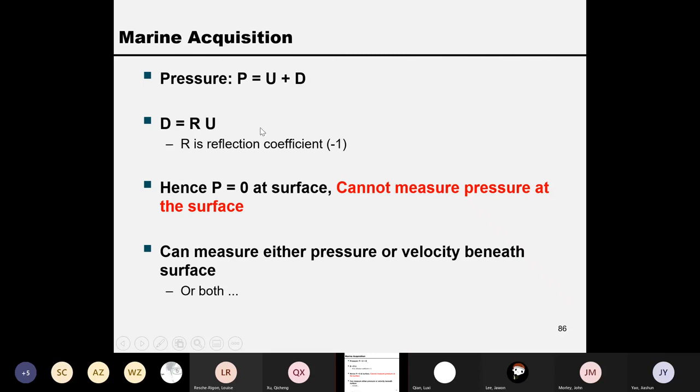If this is put near the water surface, the reflectivity is almost -1, because if 100% reflects back, that means you cannot hear the sound from the top of the water.